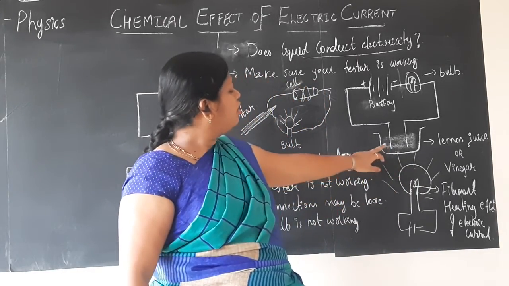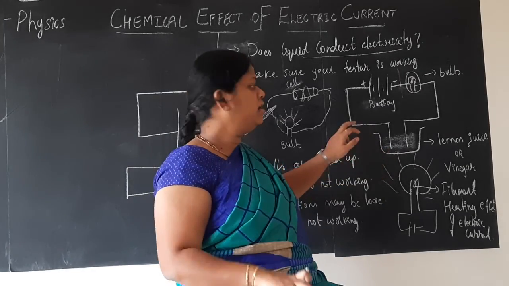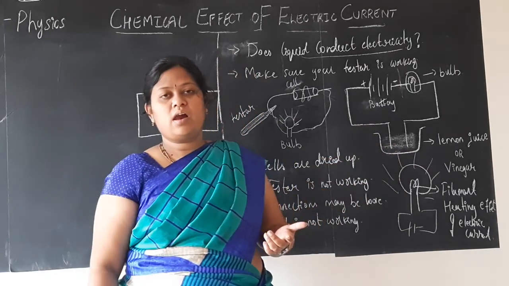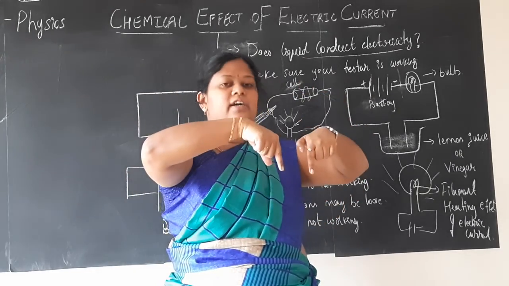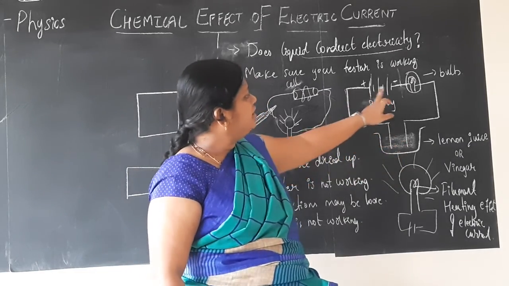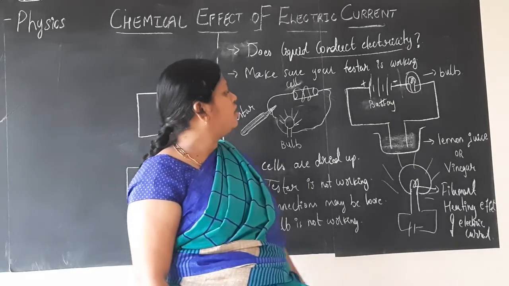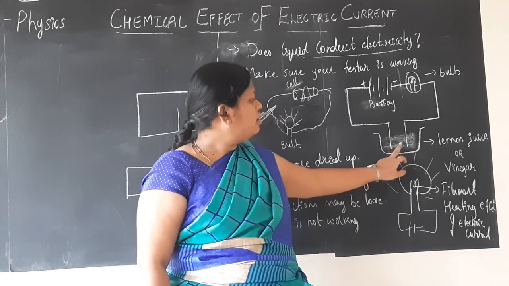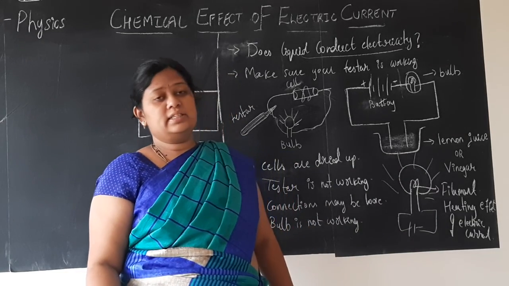So take some lemon juice or vinegar in the beaker and dip the two ends of the wire in that solution like this, children, which is connected to a battery and the bulb. Now, lemon juice and vinegar are liquids, we know they are in the liquid form.